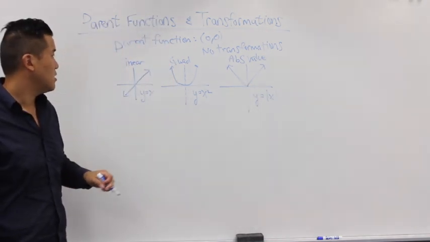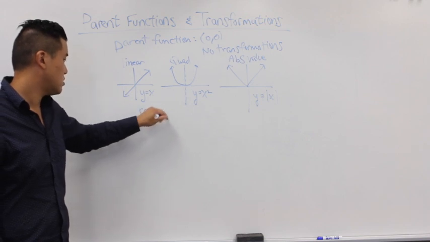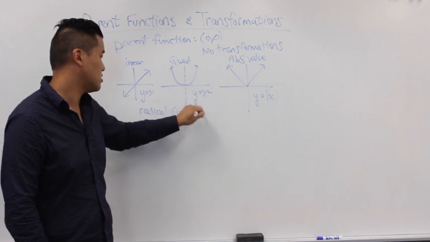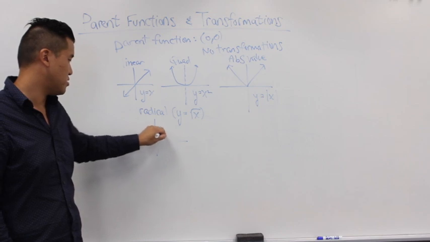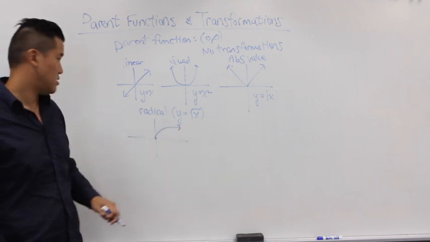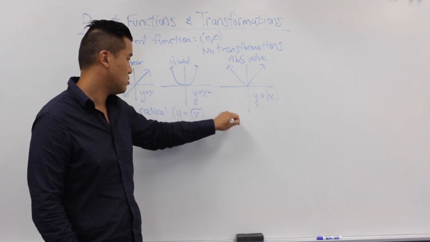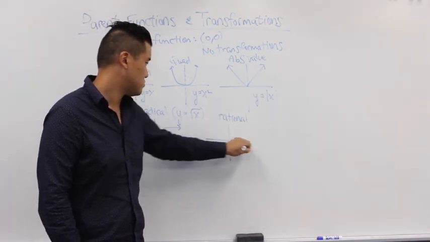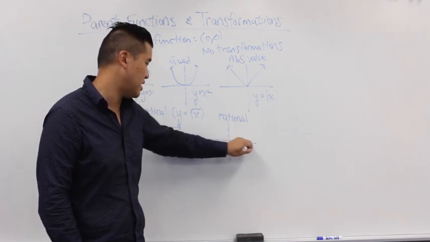Alright, radical: it's going to be y equals square root of x. Sorry, 0, 0. You get that. Rational: we'll talk about this later, there are other videos, but we have asymptotes.